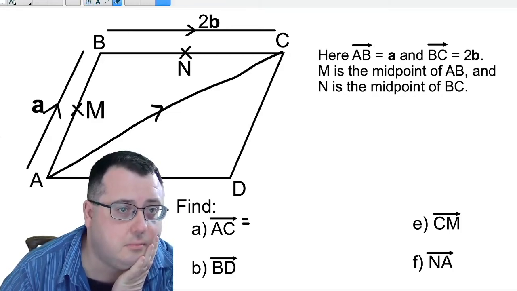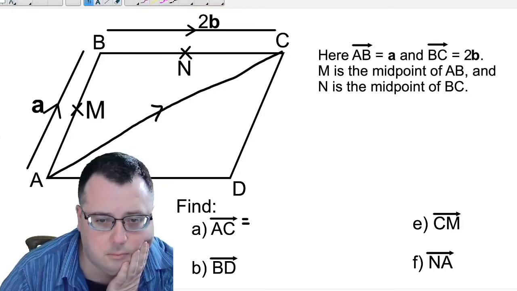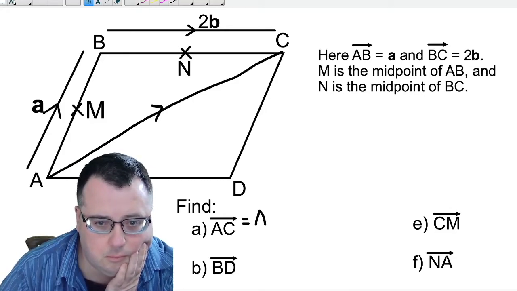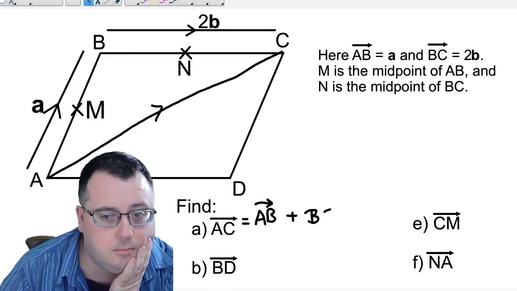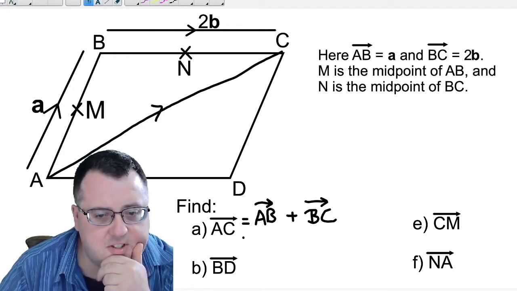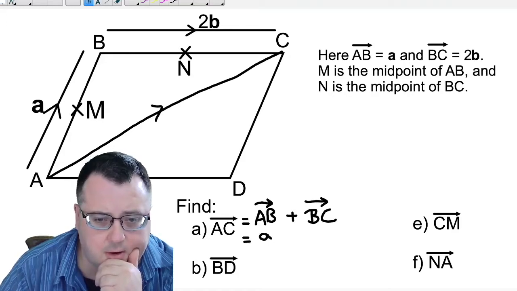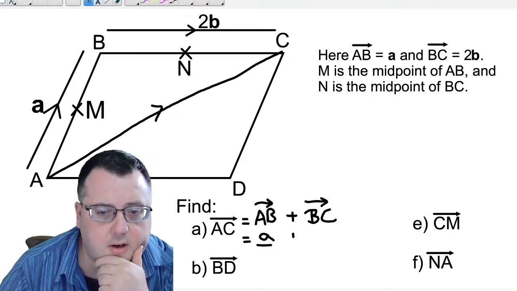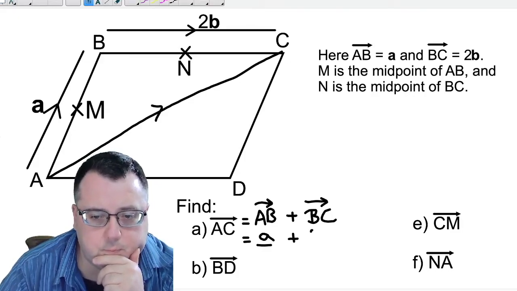So instead, we're going to have to go from A to B, and then from B to C. We're told that A to B is bold A, which I'm going to write as A with a little underline. And then I'm going to add B to C, which is 2B.